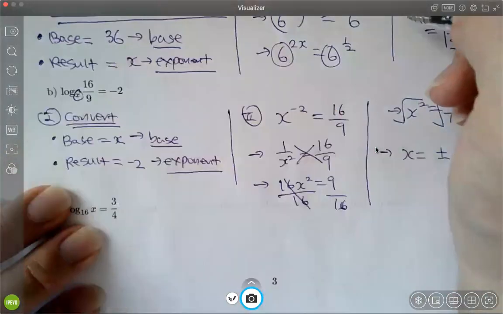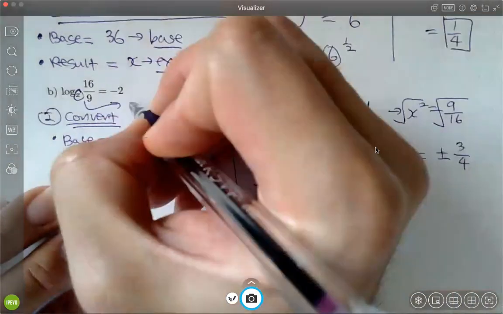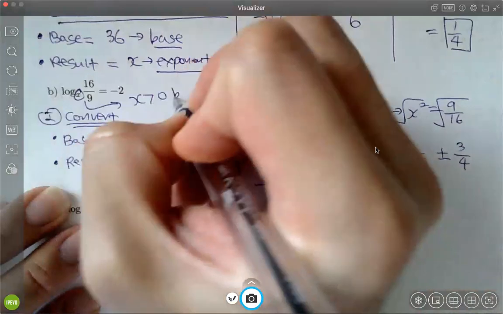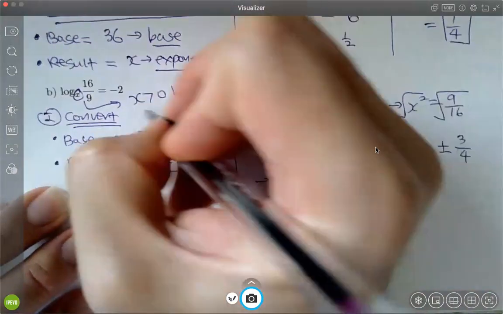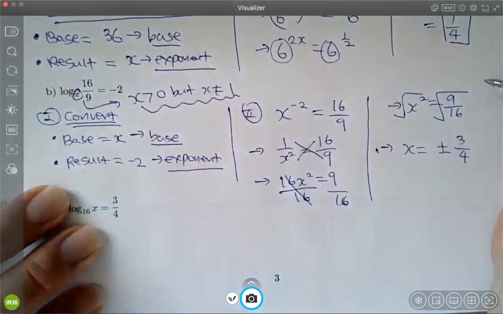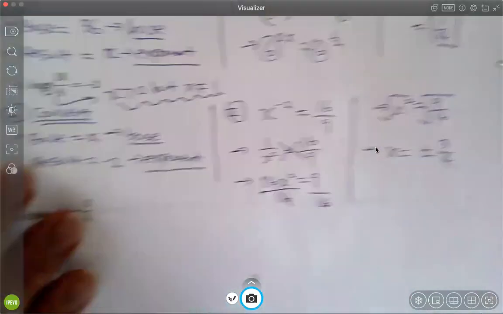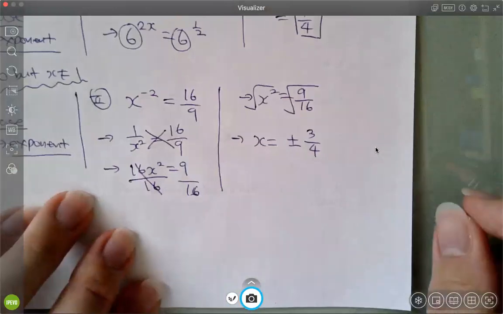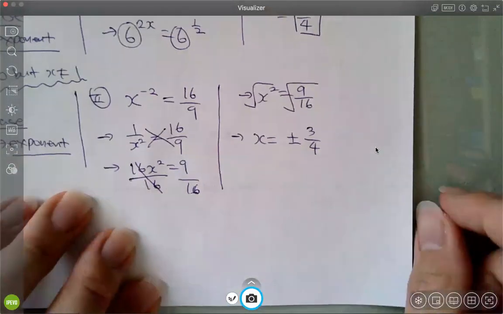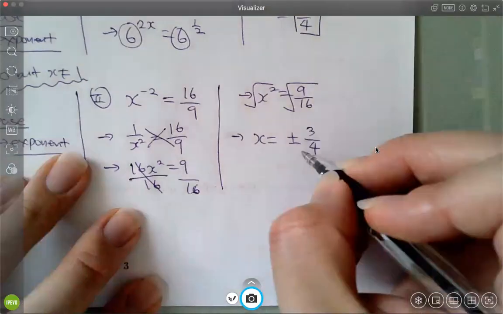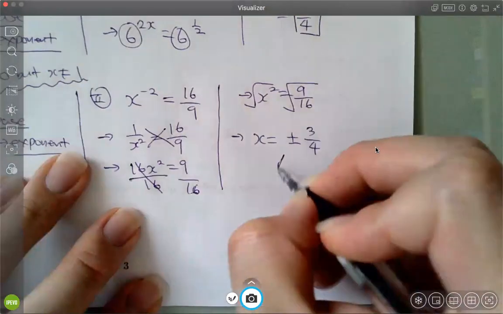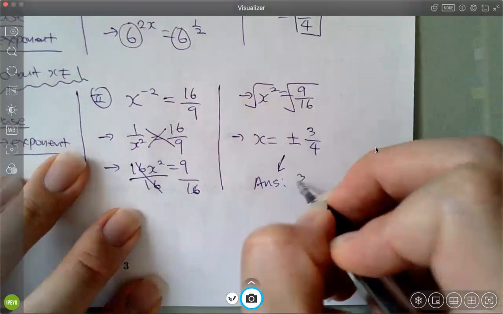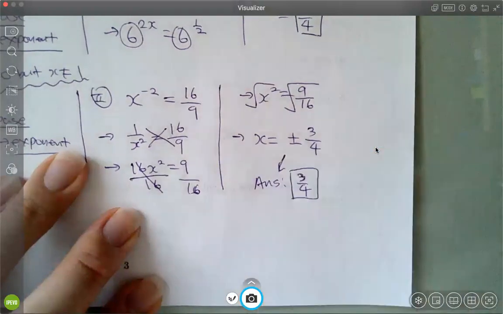And remember, what is the condition of this base? It's positive other than 1. Remember that? Okay. So remember, in that previous problem, x was not the base, but this time x is the base of the log. So here we have to cross out the negative number, okay? And the answer is just positive 3/4.